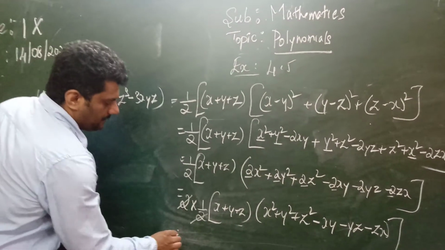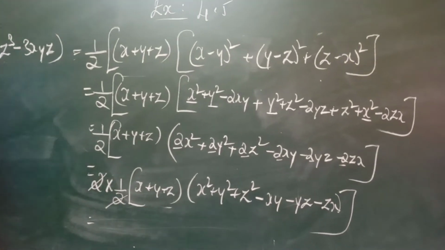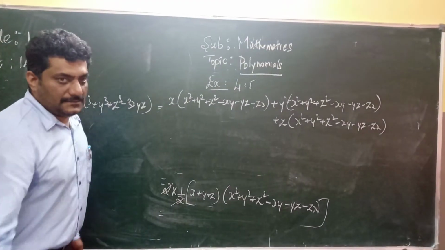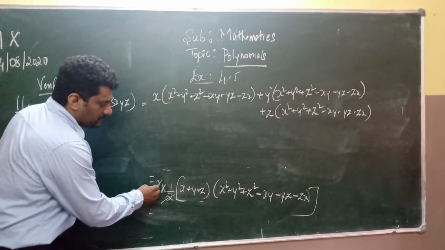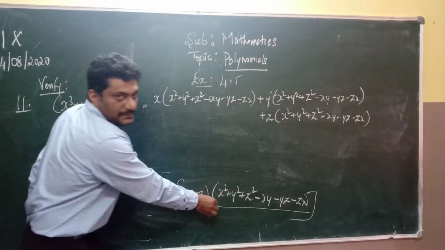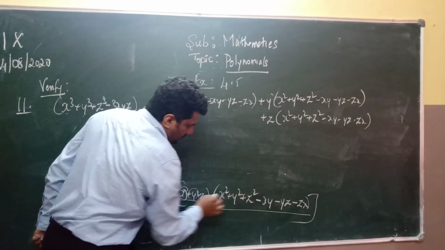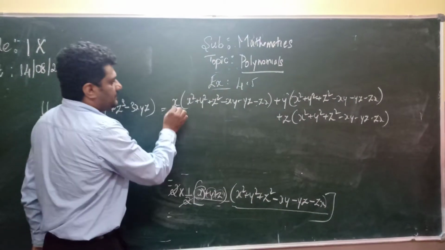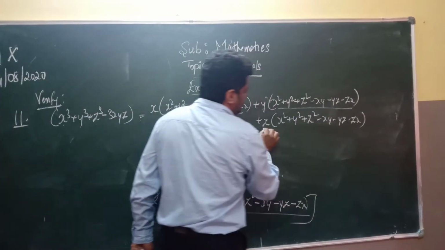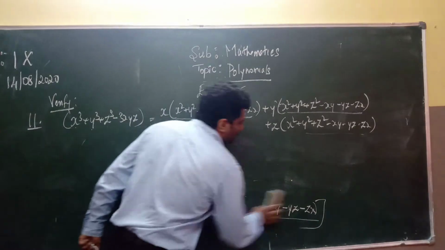Now you are multiplying that. You can just copy down this. Okay, now here 2 and 2 get cancelled. Now this complete thing has to be multiplied with this one. That means x with all, y with all, z with all. See here, x with all, y with all, z with all. So when we multiply that, what do we get?